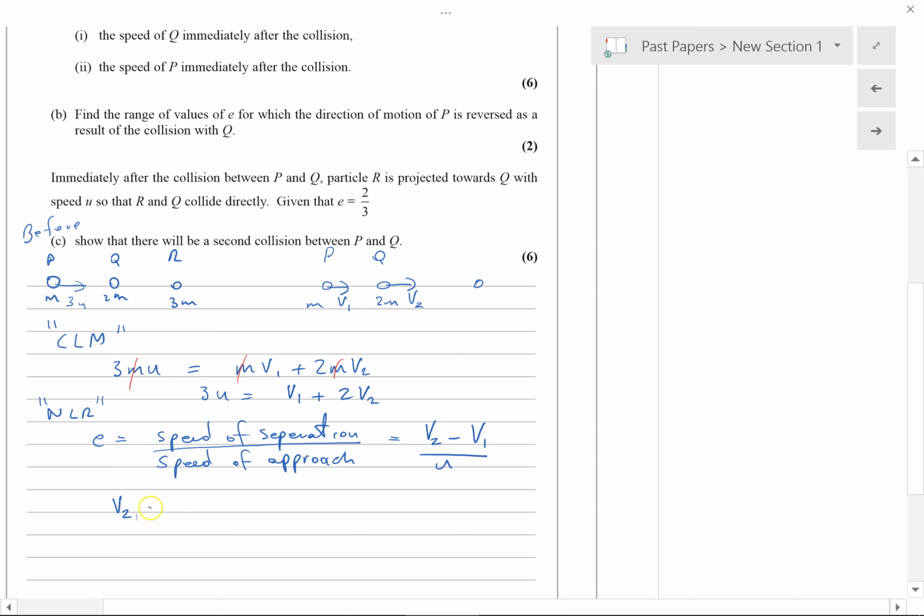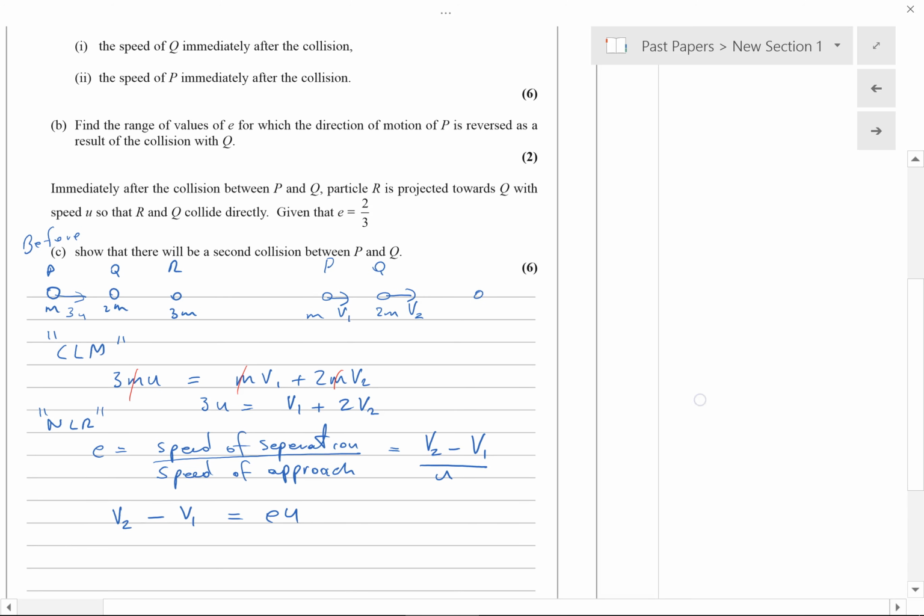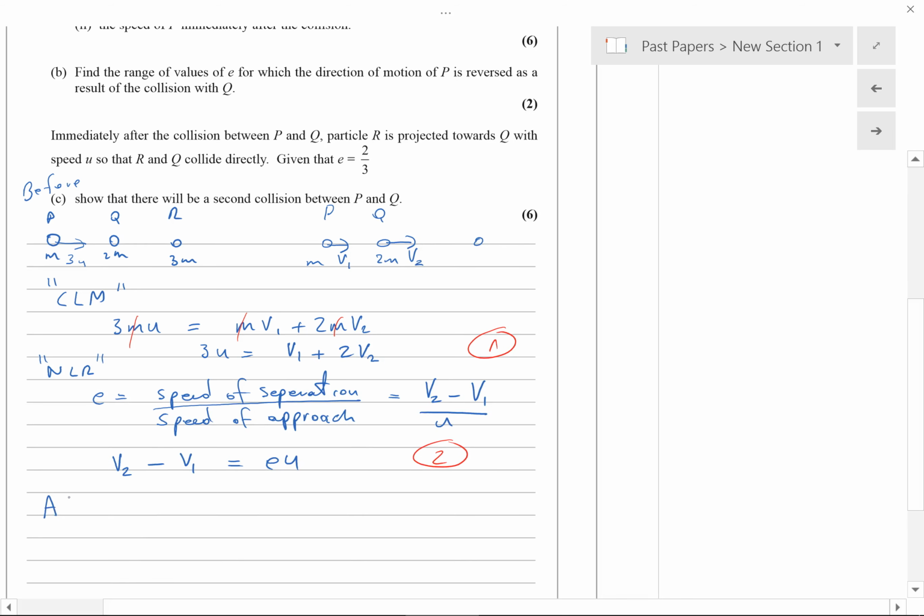We get V2 minus V1 is equal to EU. Okay, so we want the speed of Q after they collide. Well, if we add these two together, I'm going to number these now, 1 and 2. So add 1 and 2.